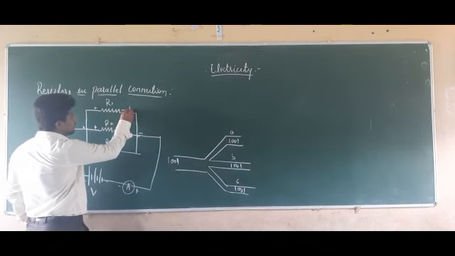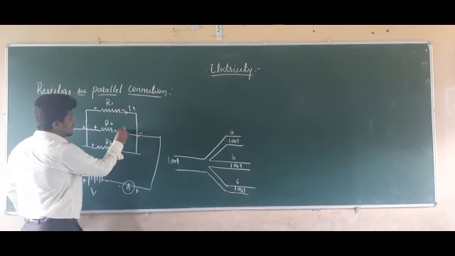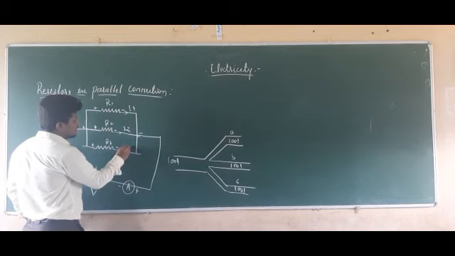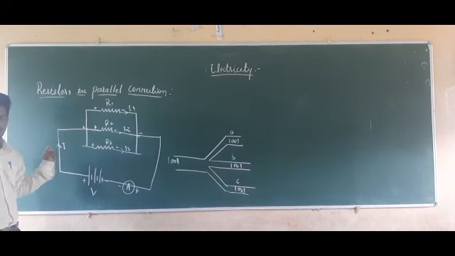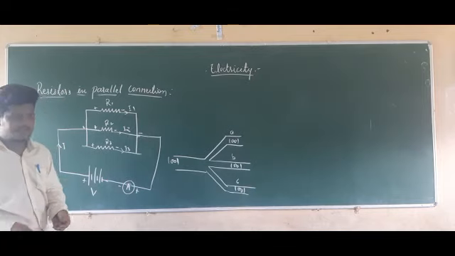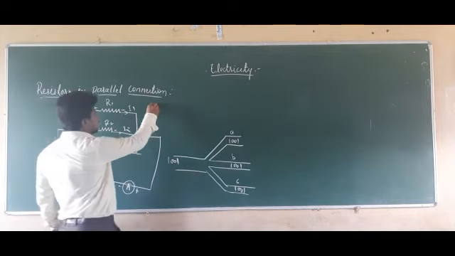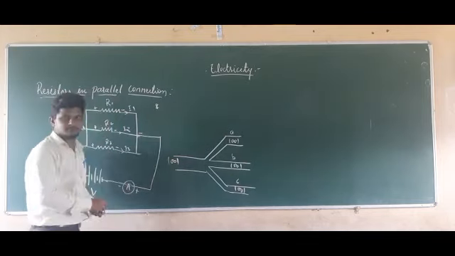The current flowing through the first resistor will be I1, the second resistor I2, and the third resistor I3. Like this case, here also the current is going to change. Like in series connection the current is constant, but in parallel connection the current is changing like this.